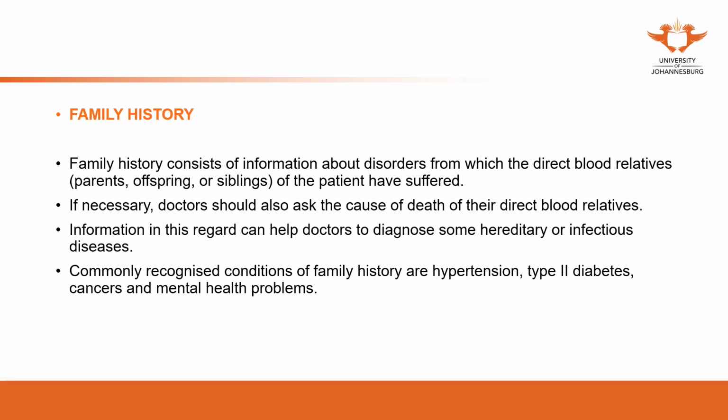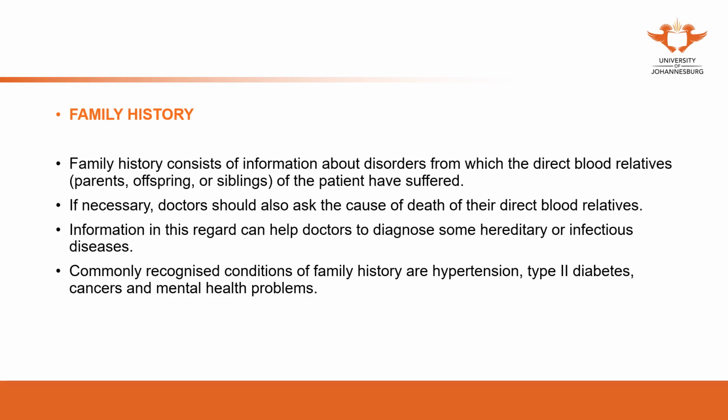And sometimes we also need to ask what the cause of death of their direct blood relatives was. Because some diseases have a family history, and then the patient will have a higher risk of certain diseases, such as hypertension, diabetes, cancers, and mental health problems.